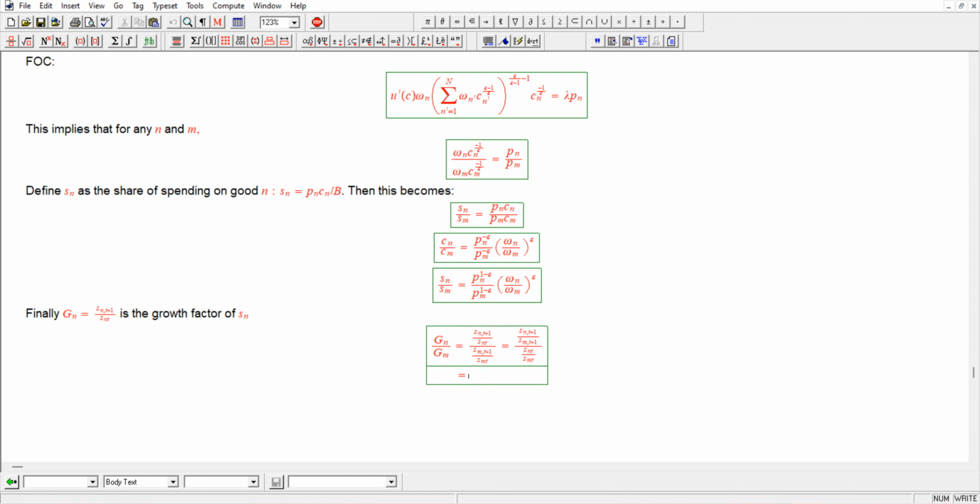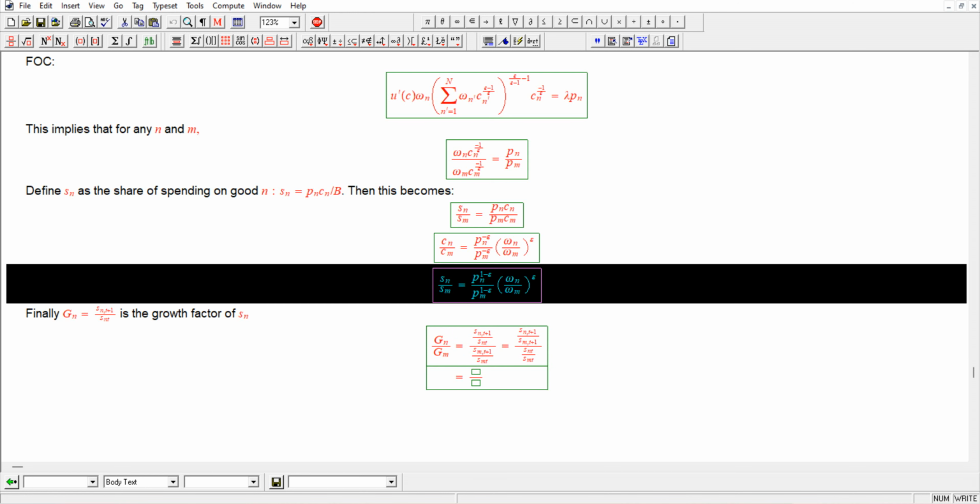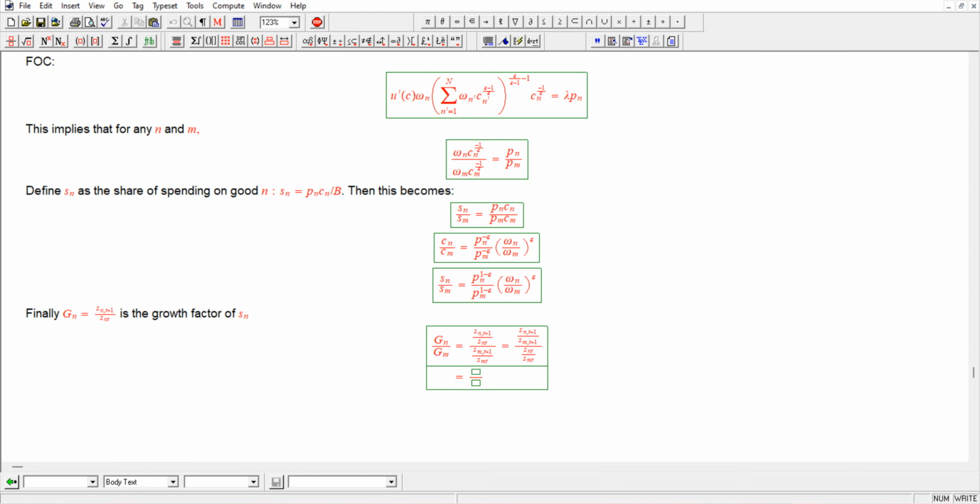So this is simply this equation that we had here, but expressed at different dates. So let's take this and bring it down here. We just need to make sure that this is t plus 1, t plus 1, this one is t, and this one is t.